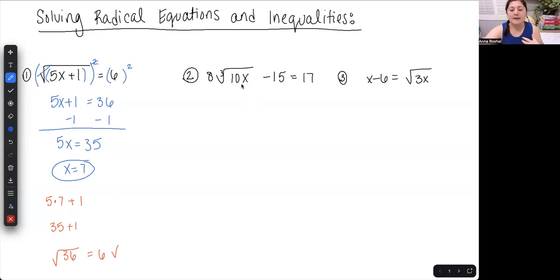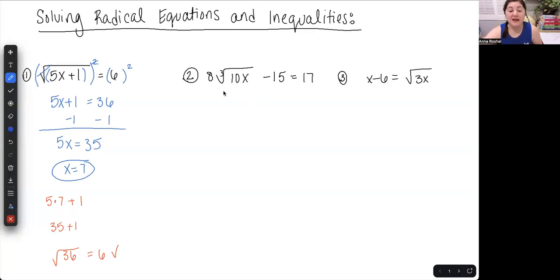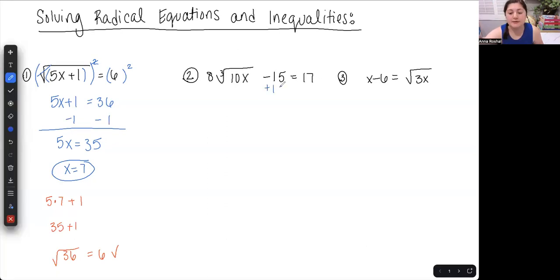Okay, the next one, the radical is not isolated. So we're going to have to isolate this radical first and then eliminate the radical. The first thing I'm going to do is add 15 to both sides. I'm going to be left with 8 times the third root of 10x is 32.